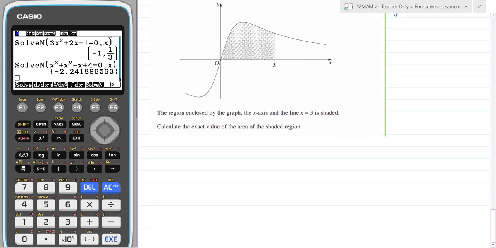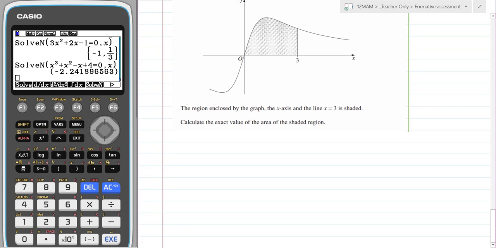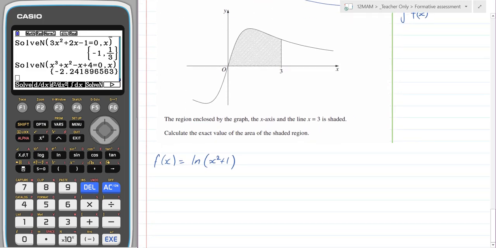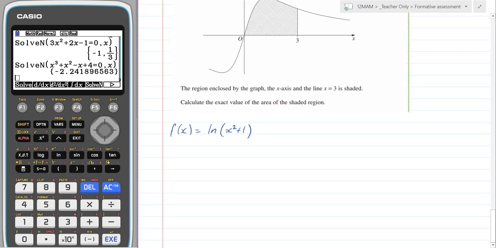So I'm going to first start by saying f of x equals log of x squared plus 1. So I know my stuff. I can see it's an f dash of x over f of x. So I'm going to put this in as a log of the denominator, and I'm going to derive that to see what I get.